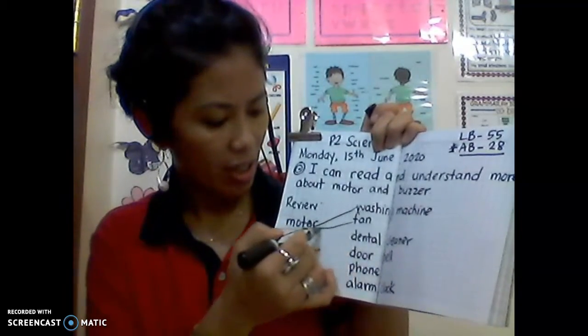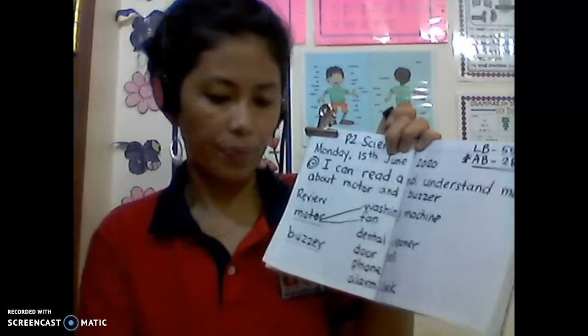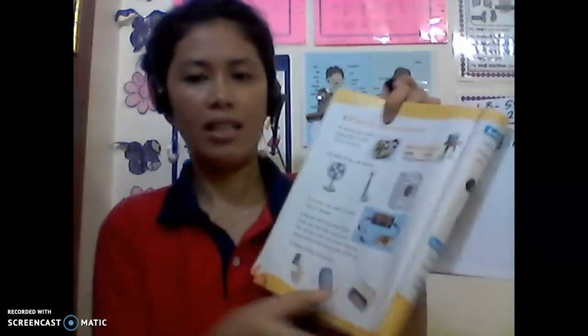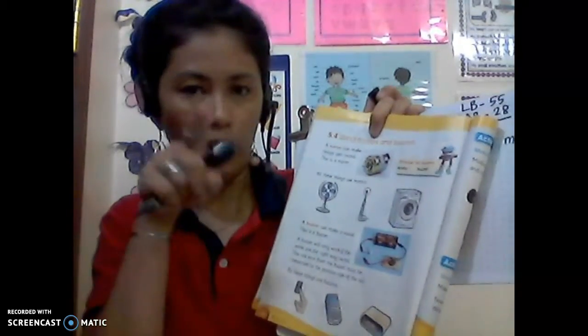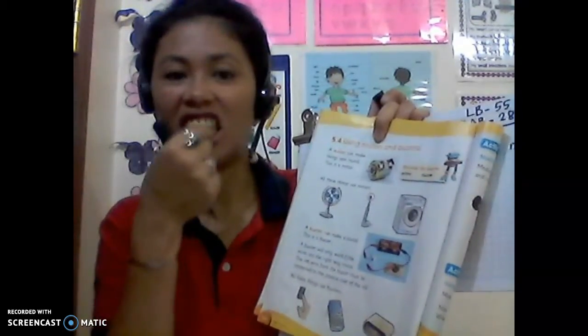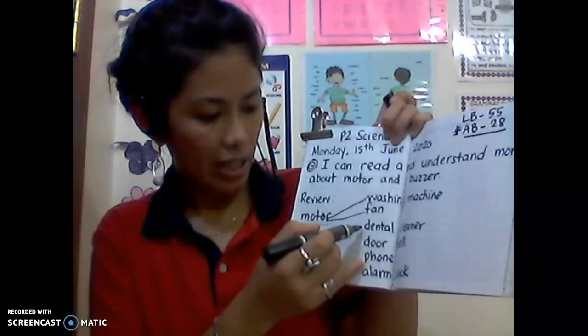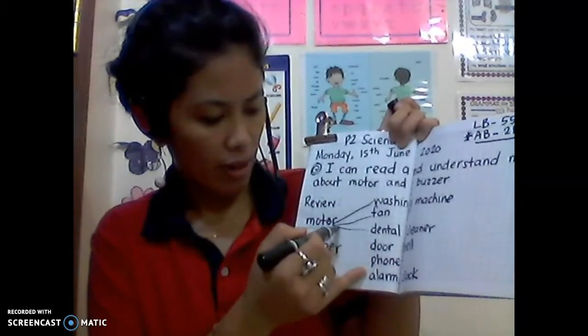Very good. How about the dental cleaner? Remember this picture? When we go to the dentist, it is used to scrape your teeth, and it will spin like this. So the dental cleaner is also a motor, right?